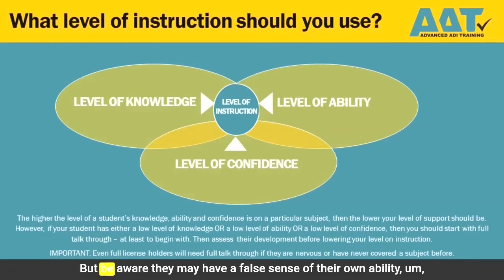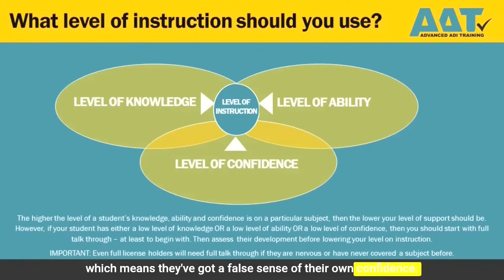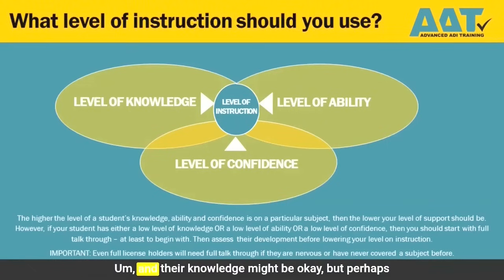But be aware they may have a false sense of their own ability, which means they've got a false sense of their own confidence, and their knowledge might be okay, but perhaps not as good as you would want it to be.